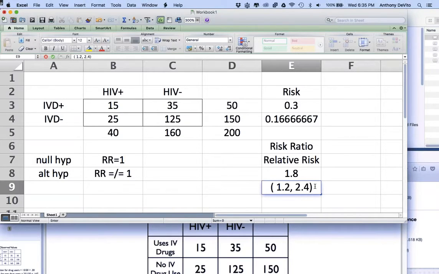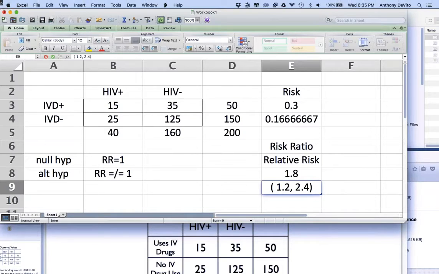That means we're also 95% sure it's not 1. So we could reject the null hypothesis either by knowing the probability of getting a number as big as 1.8, but also by showing that 1 is outside of our confidence range.